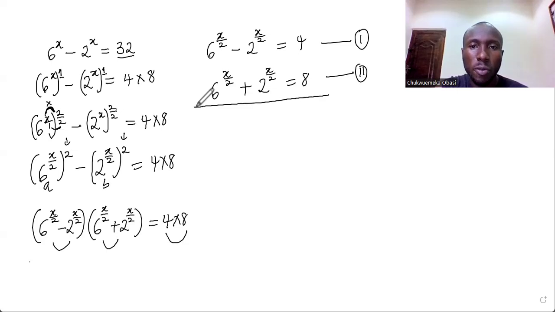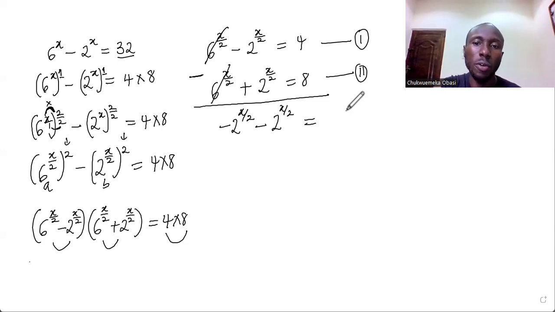If we decide to subtract equation 2 from equation 1, this quantity minus this quantity, you can see that 6 to the x upon 2 minus 6 to the x upon 2 is 0, so these will go away. Now we'll be left with minus 2 to the x upon 2, minus plus is minus, so that will be minus 2 to the x upon 2 equal to 4 minus 8, which is minus 4.